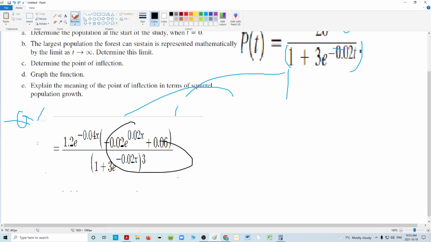Let's try siphoning out a negative from this and put a negative 1.1 here so that this becomes positive and this becomes negative. There we go. Now I can set it to 0.02e to the 0.2x. I can make this whole thing equal to 0.